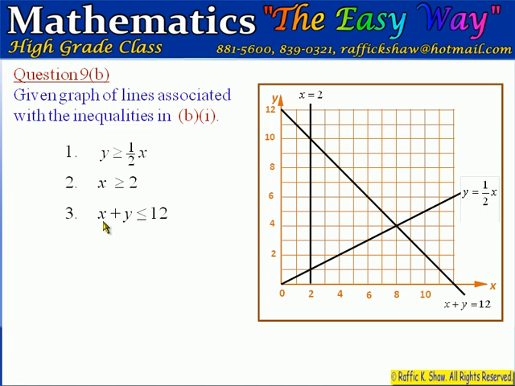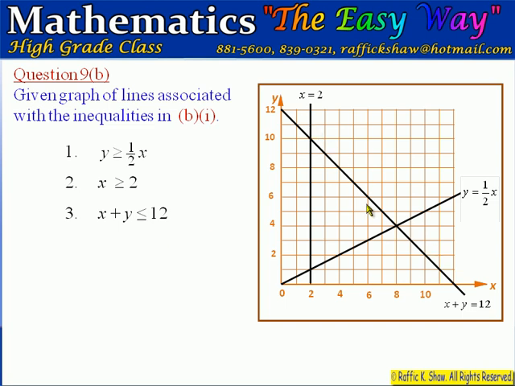In this case, where we have x plus y less than or equal to 12, the equal means that we want the line x plus y equals 12 to be a part of the inequality, and we also want the region that is below the line where x plus y is less than 12. So we want the line x plus y equals 12, and we want below the line. The lines are drawn unbroken because the lines are required to be a part of the inequality in each of the cases.